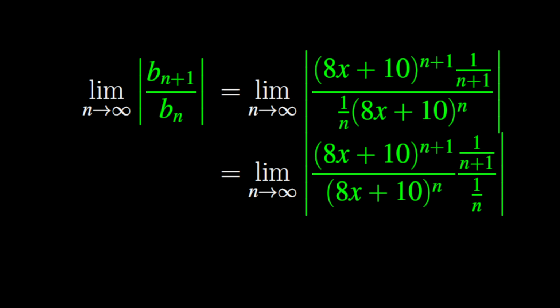The limit of the ratio can be reorganized as the limit as n goes to infinity of the absolute value of the fraction (8x + 10)^(n+1) over (8x + 10)^n times the fraction 1 over n+1 over 1 over n.